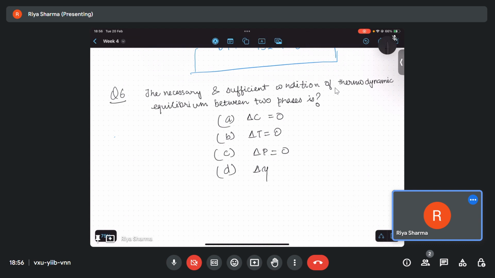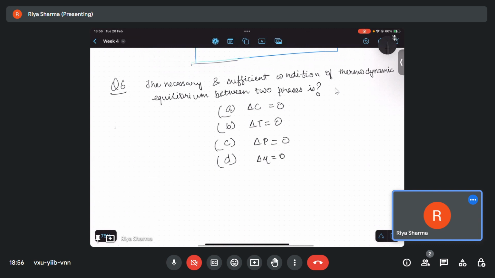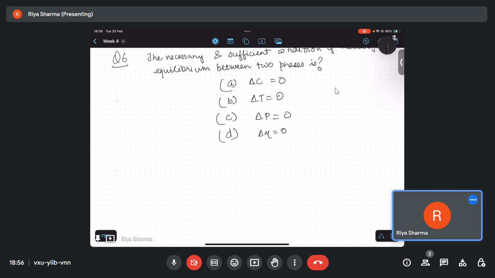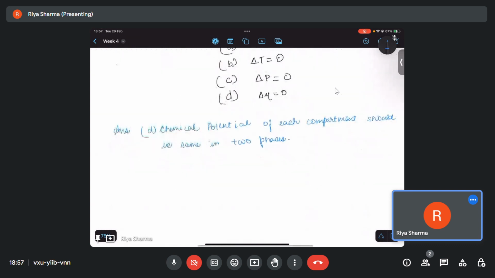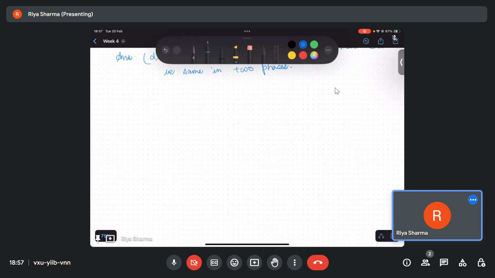Or the last option, mu should be 0. Answer is D. Chemical potential of each component should be the same in the two phases. Are we in line? Okay.